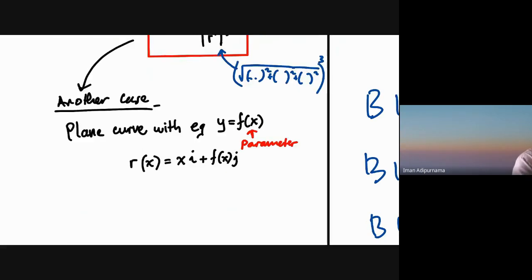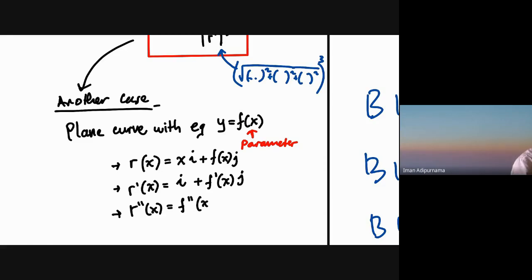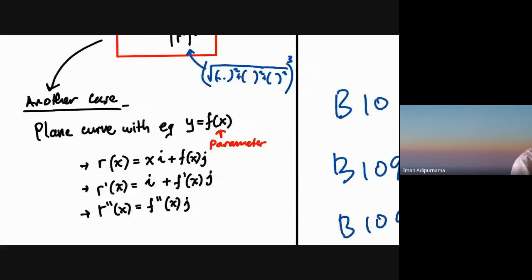And from here, we can take the first derivative. So this is 1, so it's just i plus f prime of x j. And then r double prime is basically just f double prime of x j.